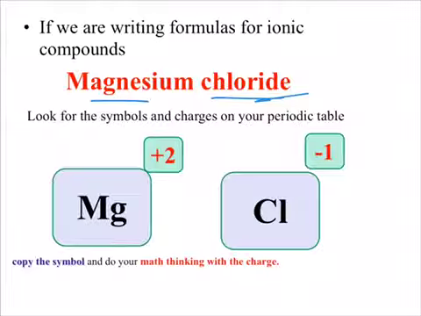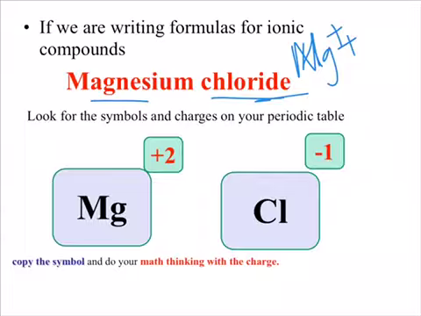We copy the symbol, and then we're going to do any kind of thinking about the math and how things cancel. We're going to do that with these charges. We have a +2. How many chlorines with a -1? We need 2.